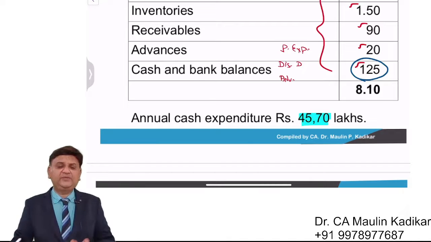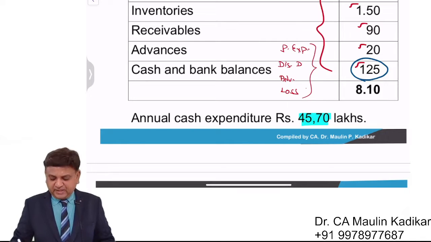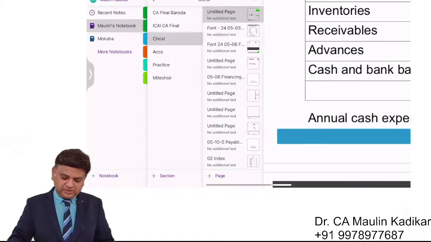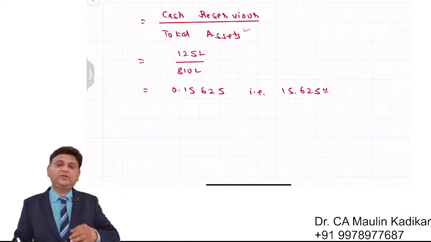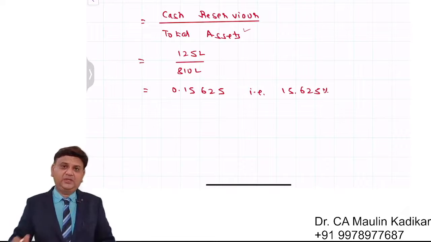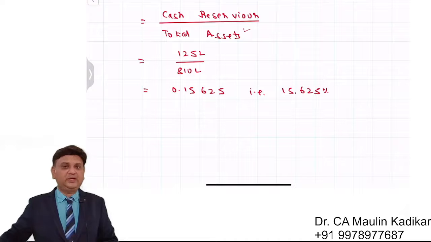Say we may be provided with certain things on the asset side, then the loss, that is the debit balance of P&L account. If such information is given, then it would be deducted from 810 to make the calculation of the total assets. And always remember, this is what you are required to apply for any question where the total asset is going to be used.